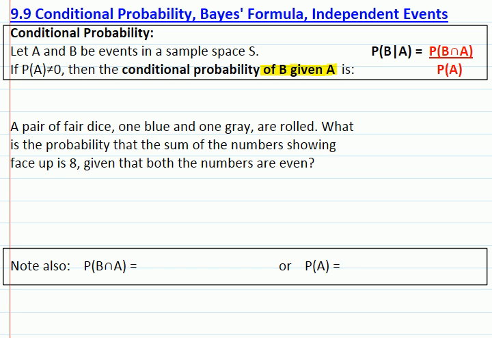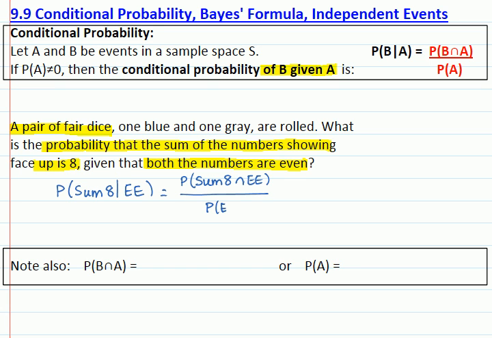For example, if we have a pair of fair dice, one blue and one gray, and we want to find the probability that the sum will be 8, given that both numbers are even, we need to find the probability of rolling a sum of 8 and 2 evens, and the probability of rolling 2 evens and divide them.